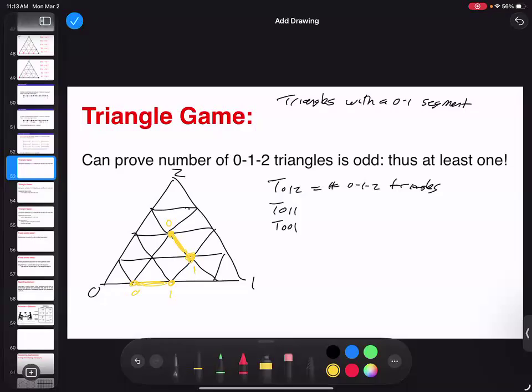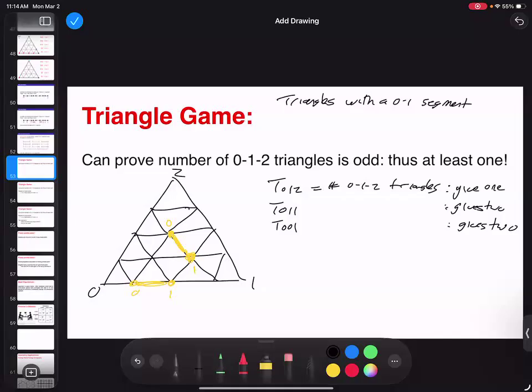So what I'm going to do is count how many 0, 1 segments I have. How many 0, 1 segments does the 0, 1, 2 triangle give us? 1. How about the 0, 1, 1? 2. So this gives 1, and this gives 2, and this gives 2. Everybody agreed that a 0, 0, 1 triangle gives me 2 segments that are 0, 1?